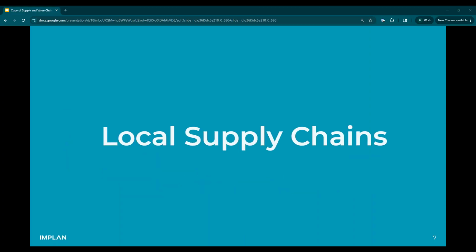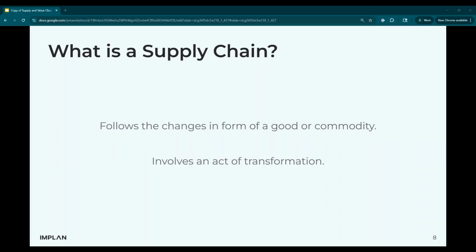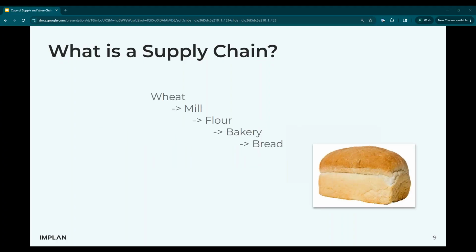So when we're looking at a local supply chain, what are we talking about? It follows the changes in form of a good or commodity. That is, it involves an act of transformation, changing from one state to another. We can think of this when we're looking at a supply chain for bread, right?